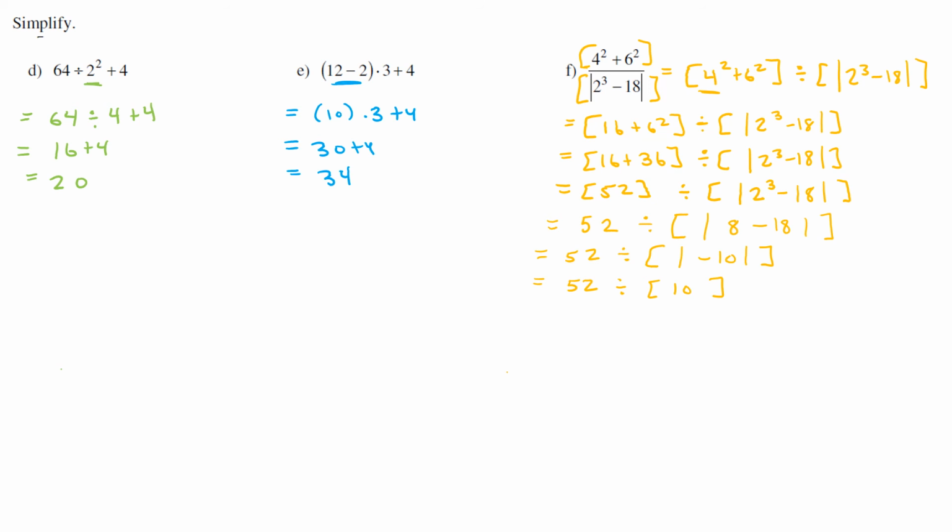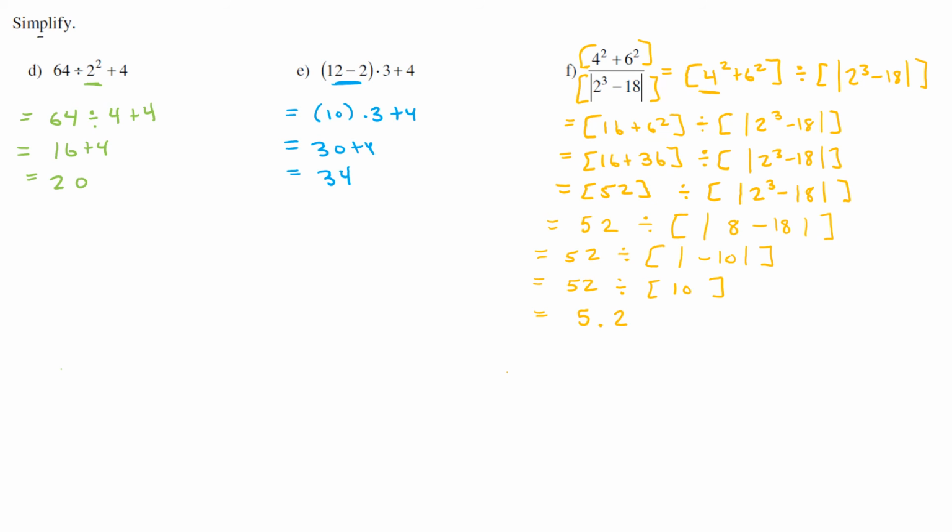And so as we see here, we've slowly worked our way inside for each set of brackets first. And then the last thing here we're going to do is 52 divided by 10. If we're dividing by a power of 10, we just move that decimal one place, so we get 5.2.